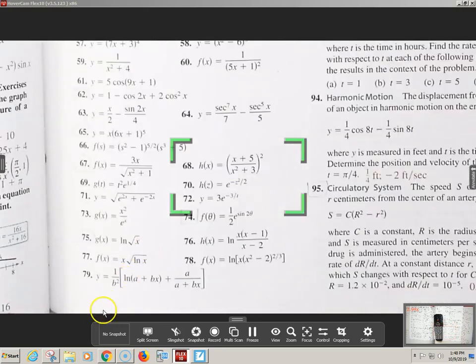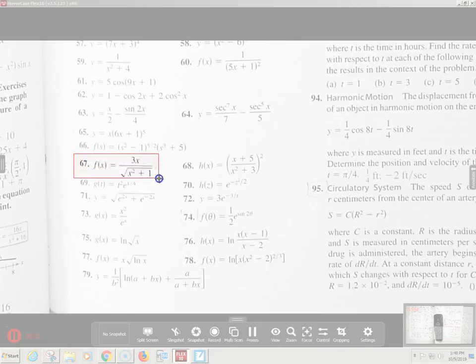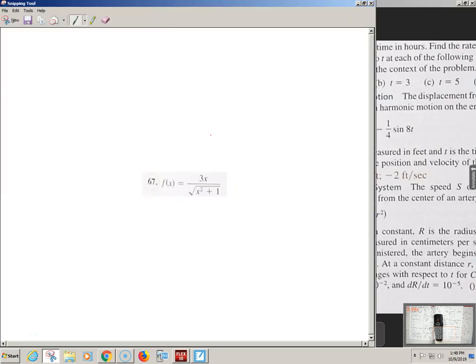67 is the epitome of I know my rules and I get stuck. 67 is the epitome of I have to make it match, because if I do bottom d top minus top d bottom, come on, we know it's a quotient rule, right?